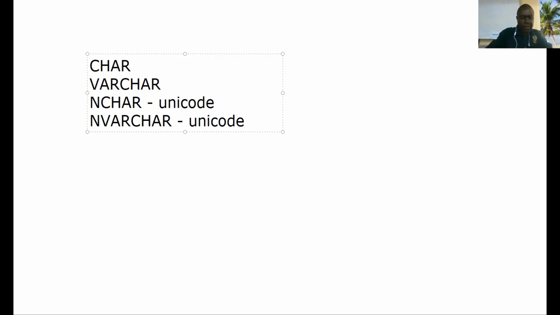In French, you have letters with accents on top. Those are not covered in the standard character set. But if you're going to design and develop a database that will be used in a multilingual setup, then you may have to take that into account. So for such databases, instead of using varchar, you use nvarchar.